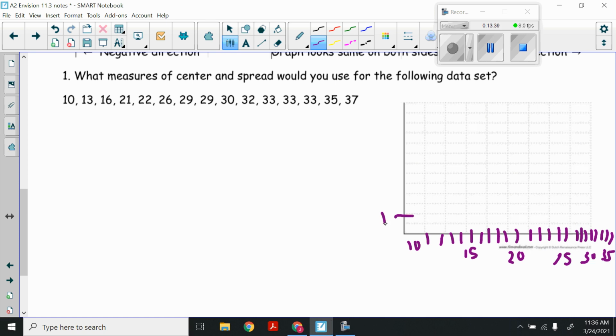I'm going to make this a frequency of 1, 2, 3, 4, and 5. The number 10 only appears once.